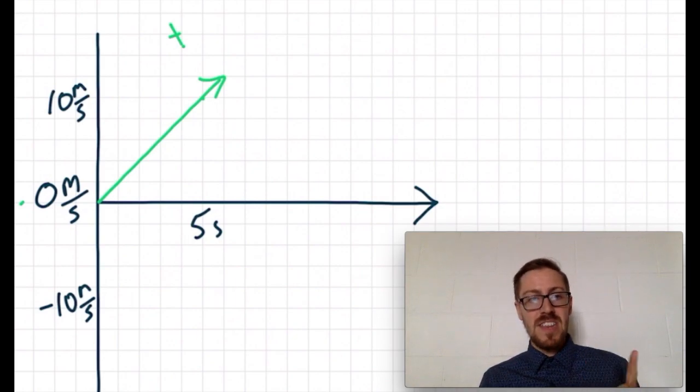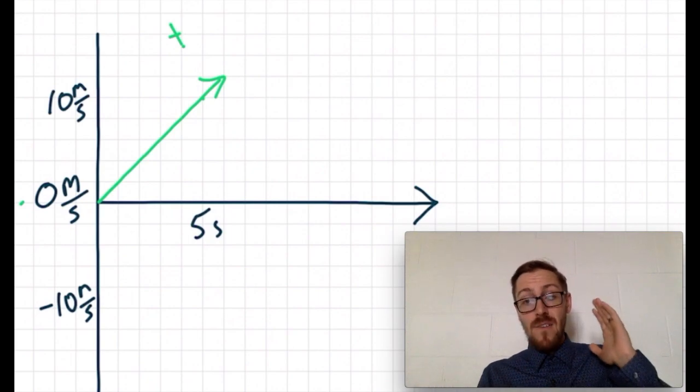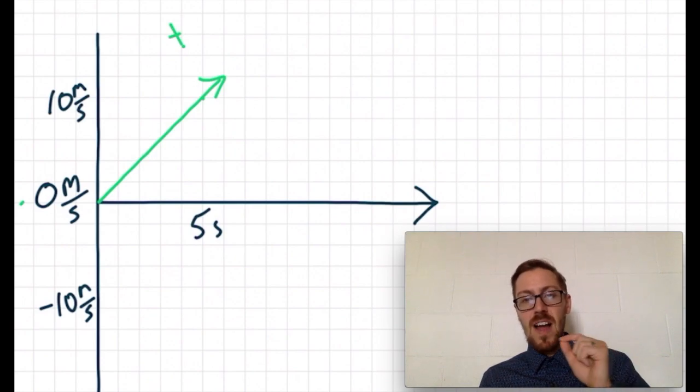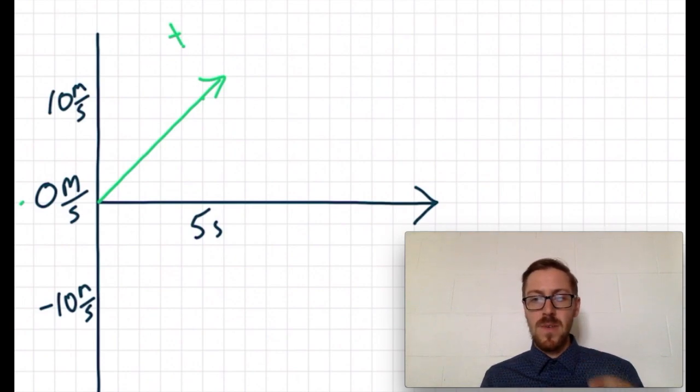Now, what's really interesting about this is that the slope of these lines is a representation of how fast the object is gaining or losing speed. I'll say that again. The slope stands for how quickly the object is speeding up or slowing down, which in physics, we call acceleration. So the slope of these lines stands for acceleration.